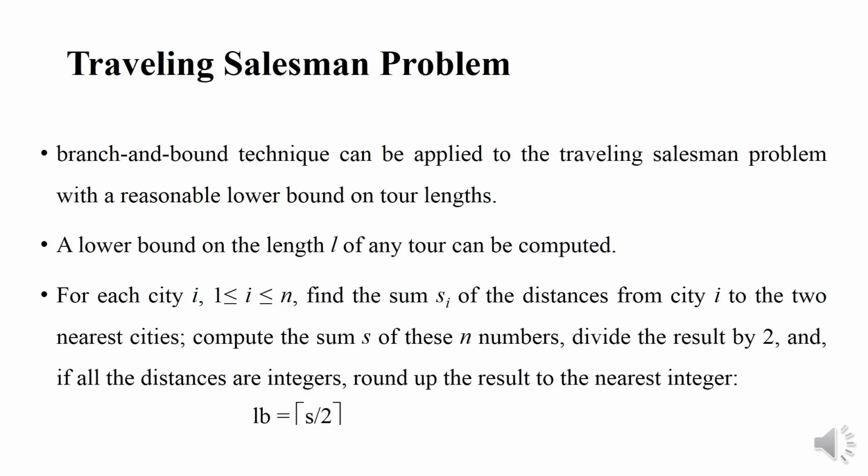So for each and every city, we need to find out which are the nearest two cities, take the sum of those two distances, and hence for each and every city what we find out, this total sum S will be divided by 2 and is rounded up to the next integer. So we get the formula LB is equal to S by 2.